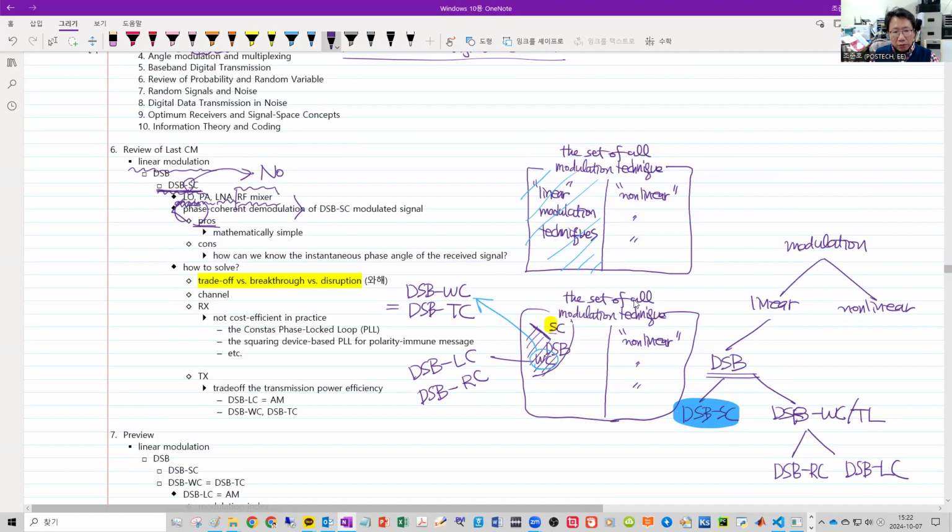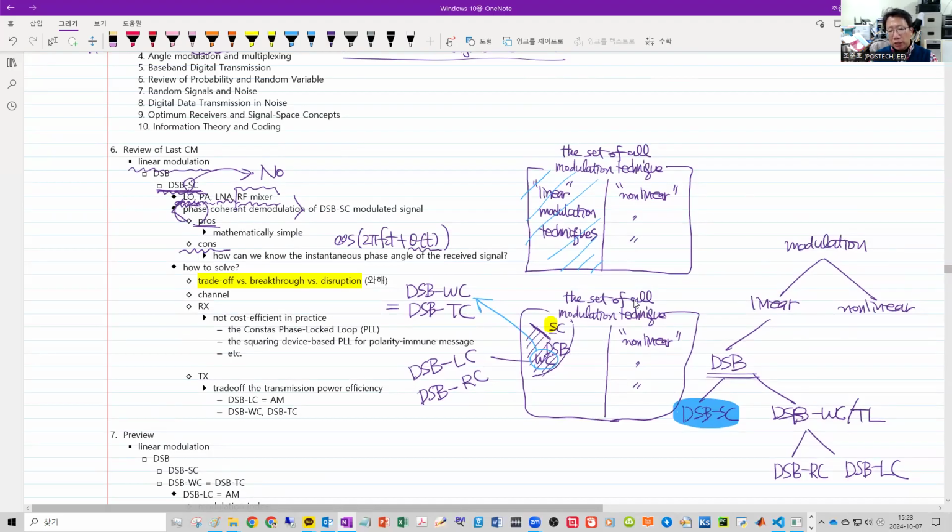But what was the problem? I mentioned that in the early stage of radio communication, it was not easy to even generate a very good, stable carrier signal. So usually they had this theta of t term, which is far from constant.